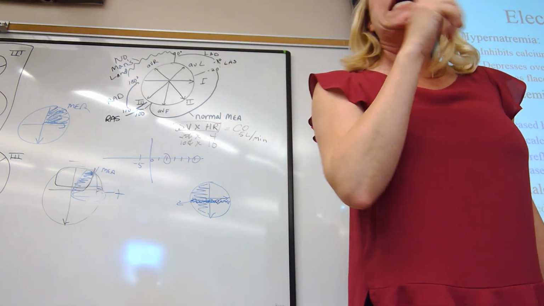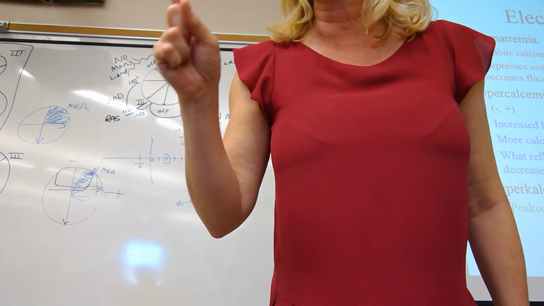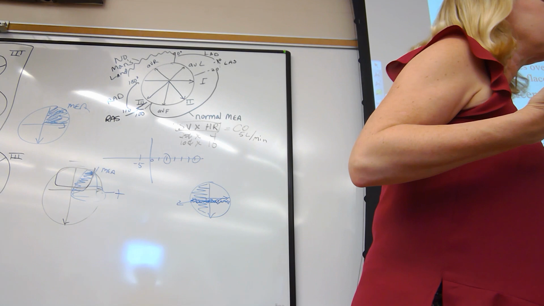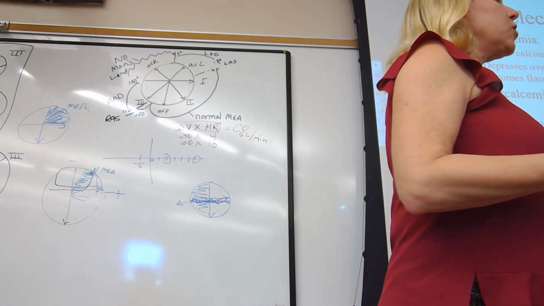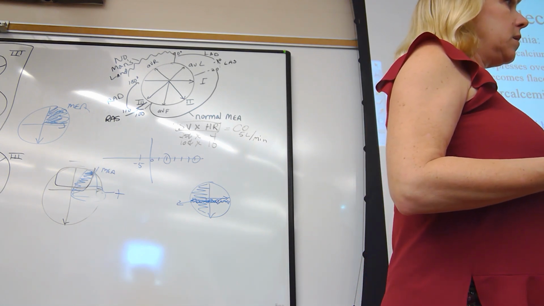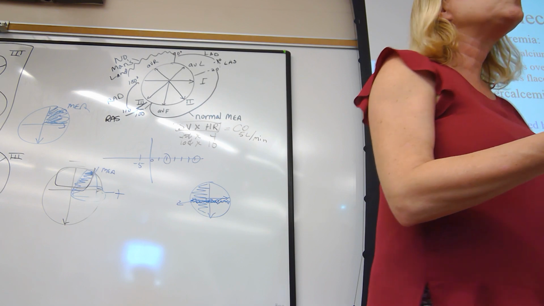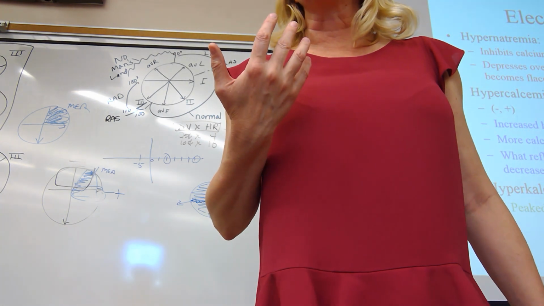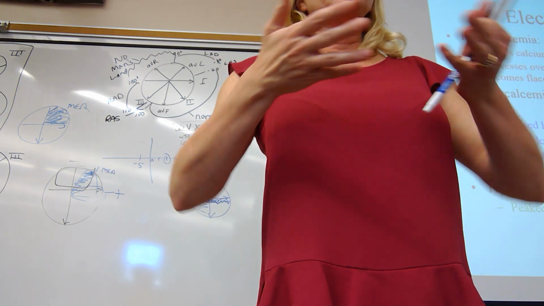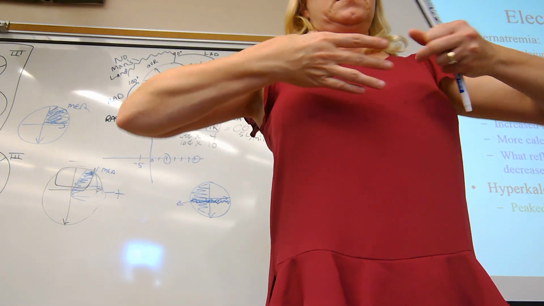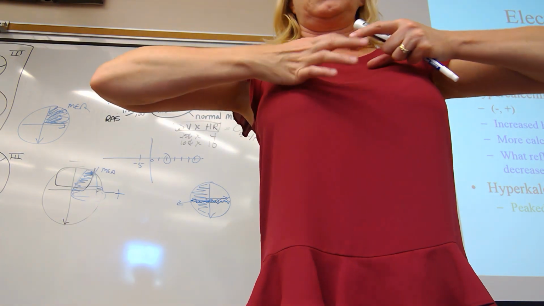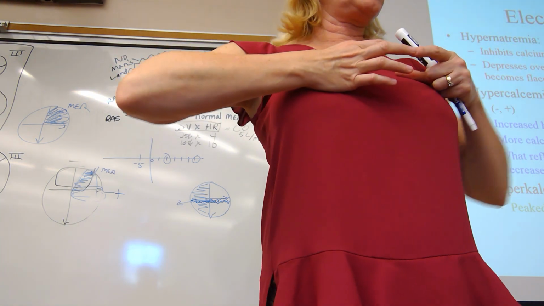And logically, any tissue that's working harder should have more oxygen going to it, more nutrition going to it, more blood flow. But what's the rub with the heart? The coronary arteries are traveling in the cardiac sinus. That's the space in between the atria and the ventricles.